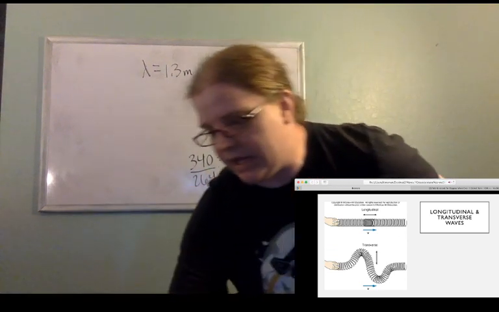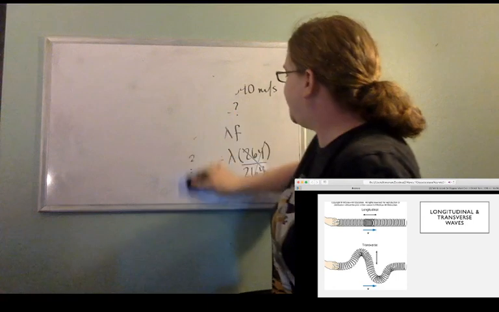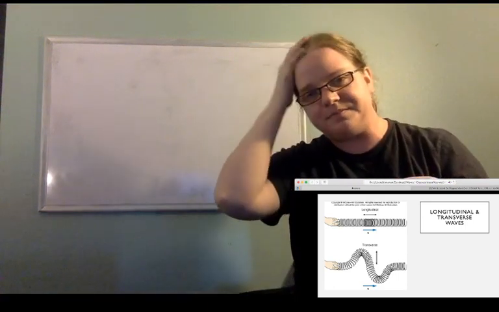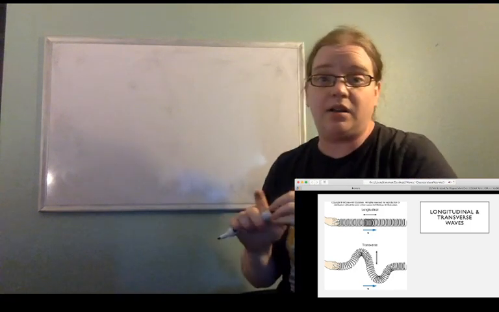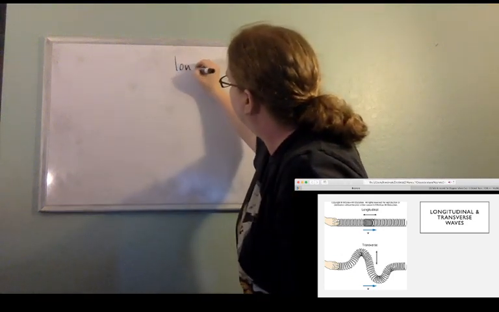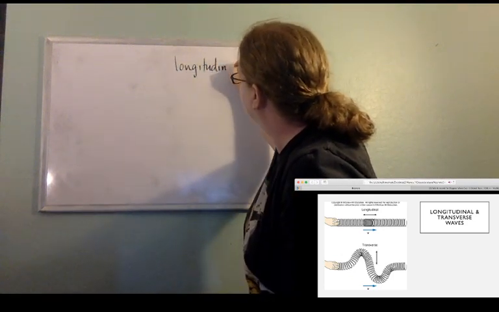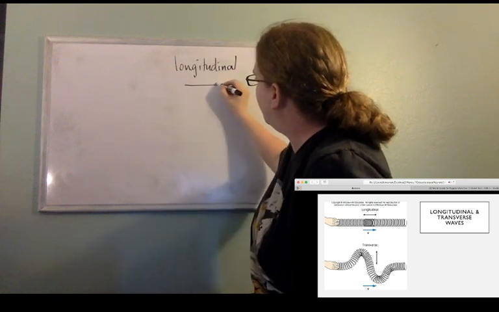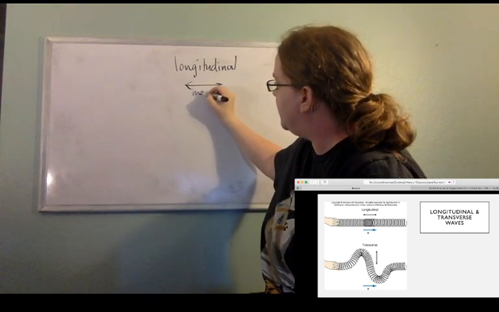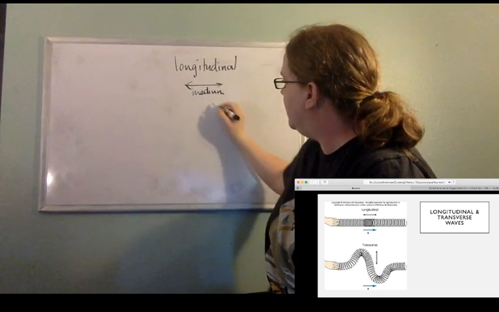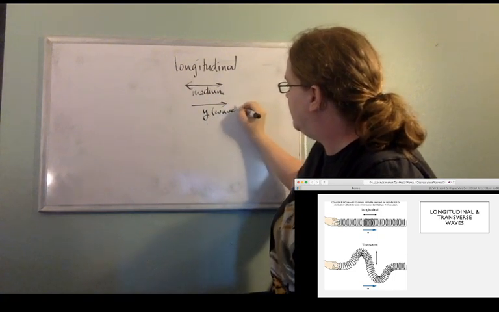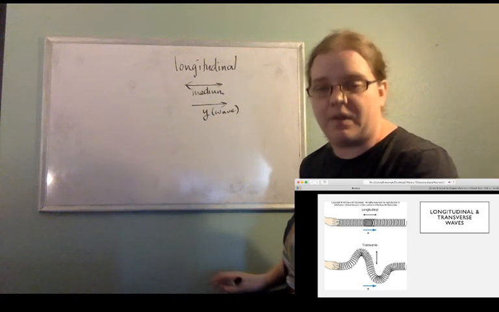So fundamentally, for longitudinal waves, the motion of the bits of the material is parallel to the motion of the disturbance, which is the wave itself. So if the motion of the molecule is back and forth, this is the medium motion, the motion of the wave disturbance is parallel to that, right?